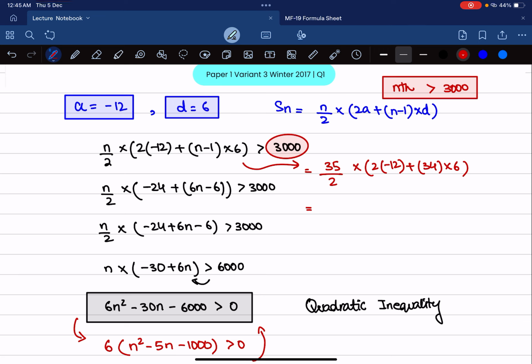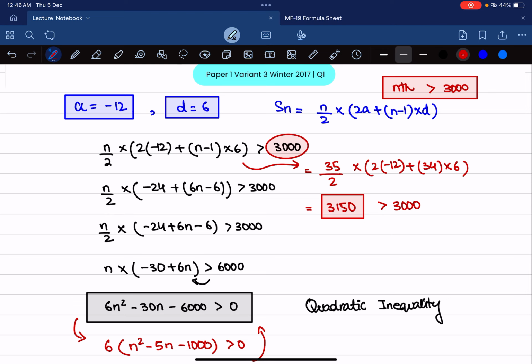Let me put in the values in the calculator. 2 multiplied by minus 12 and plus 34. Yes, so after calculating I'm getting 3150. So you see that this value is greater than 3000, and that is what was required in the question.